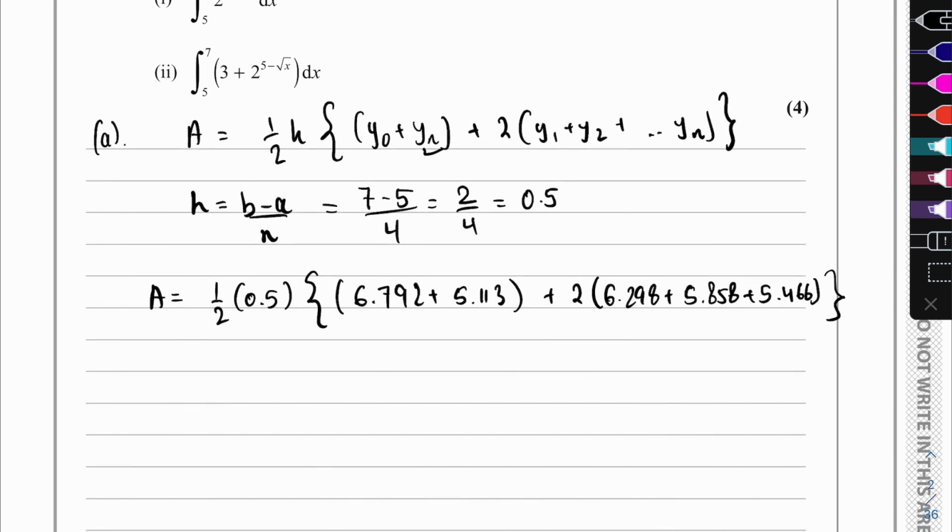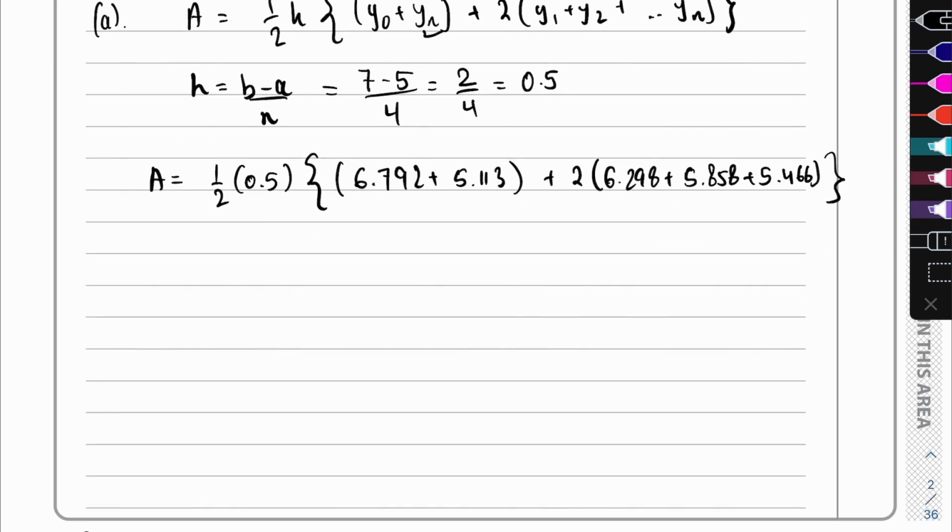The outside we can see is half times a half, so that's 0.25. Let's do this one first: 6.792 plus 5.113 in the calculator is 11.905.